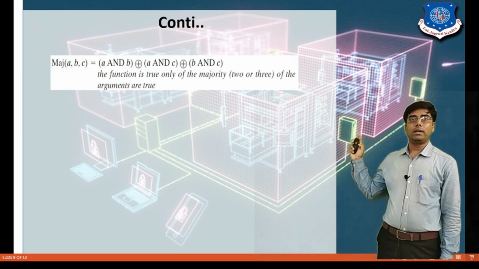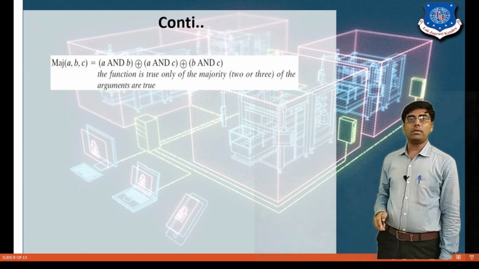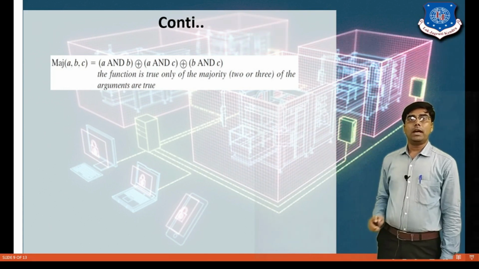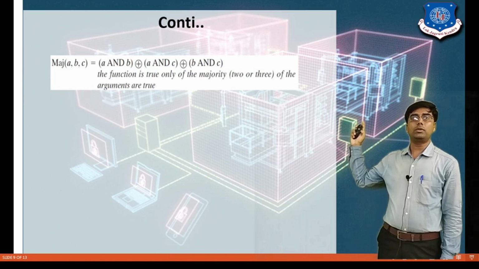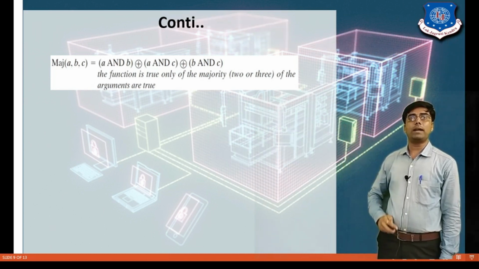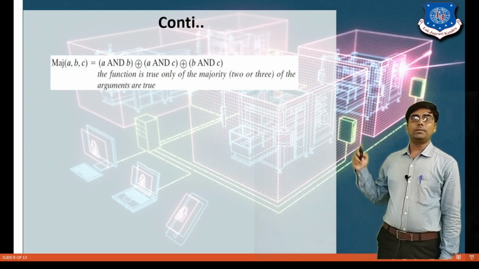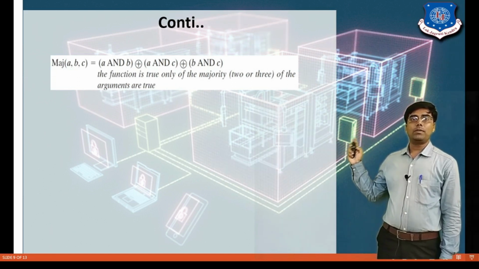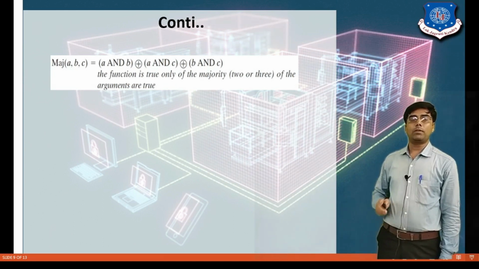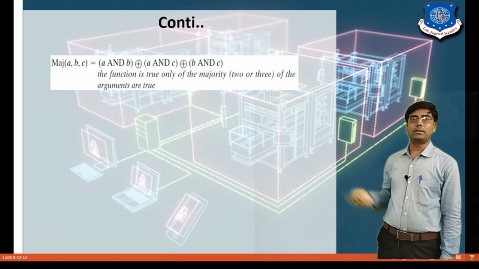It means A AND B, exclusive OR, A AND C, exclusive OR, B AND C. It means that this function is true only if the majority, two or three, of the arguments are true. As you know, in the AND function, if both values are true, it gives the true result. If one of the conditions is false, it generates false.